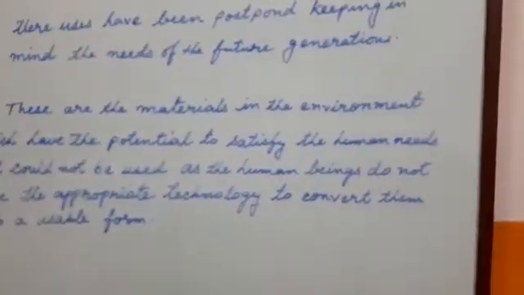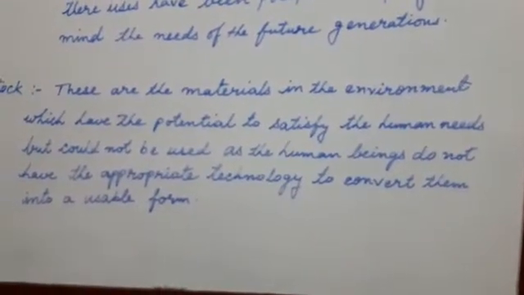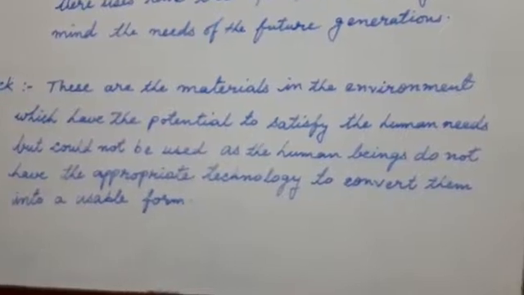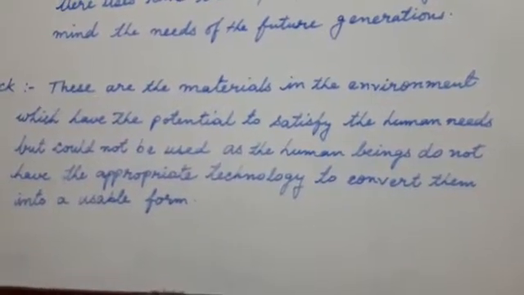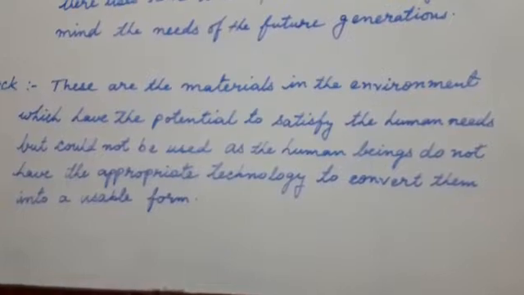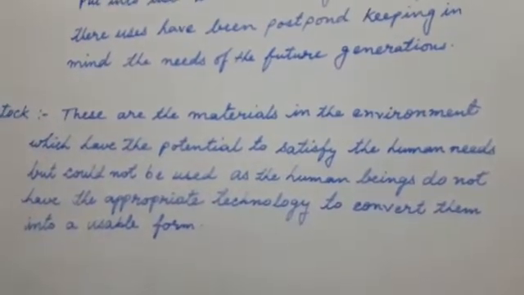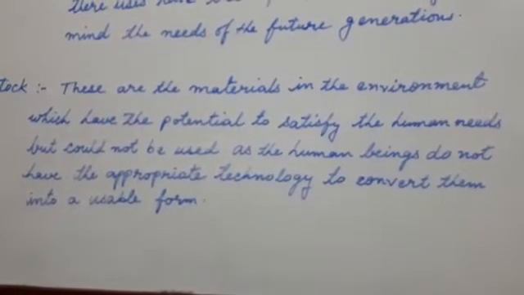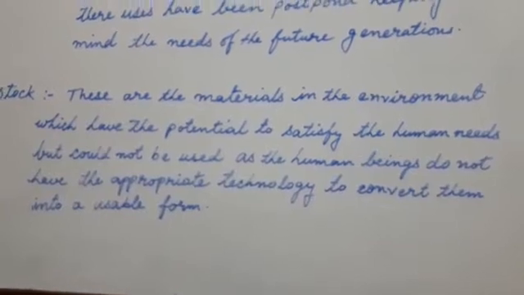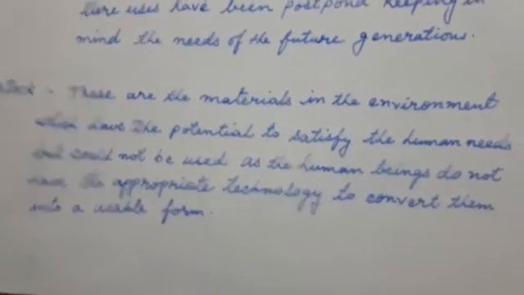So these are the materials in the environment which have the potential to satisfy the human needs but could not be used as the human beings do not have the appropriate technology to convert them into a usable form.